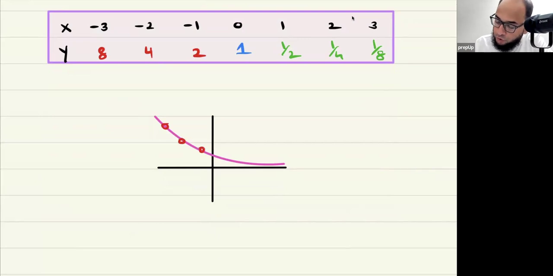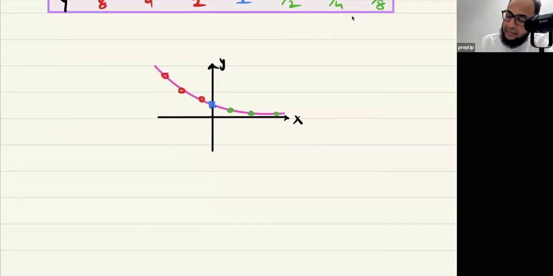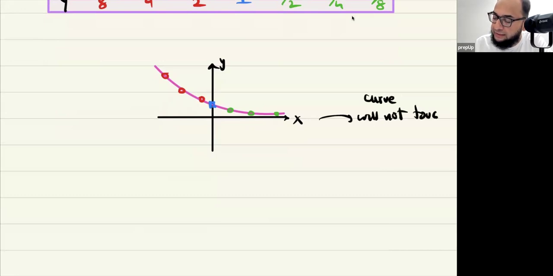This value would be right over here, and then the green values, that is like this and like this and like this. So this is y, this is x. Again, will not touch x-axis. That is the thing. And what else is there? Y-intercept is 1.